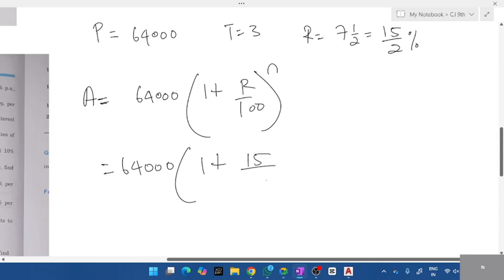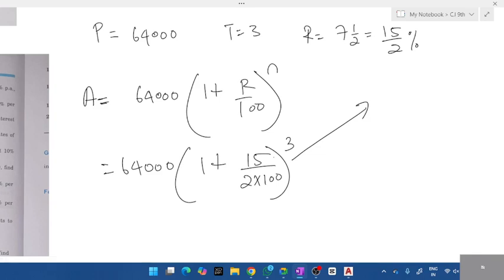R is 15 divided by 2. And that 100 remains as it is, to the power of 3. It is very simple. You don't have to do year by year. Year by year takes a lot of time. Try this question. Take LCM and solve it. If you practice 3 to 4 questions, you'll feel this is easier.